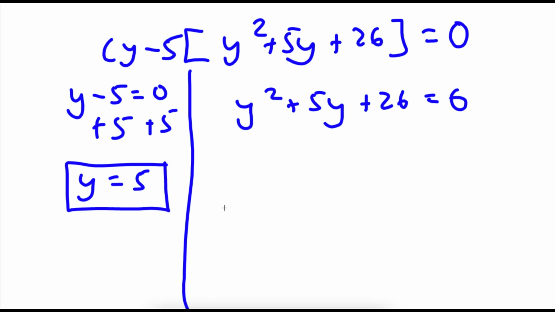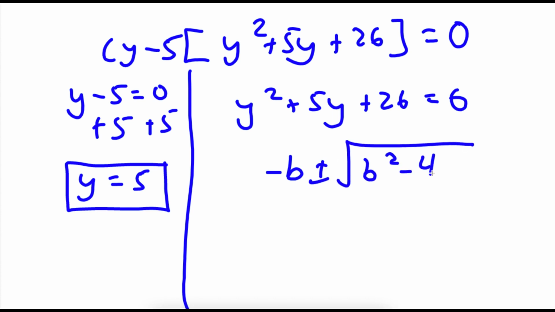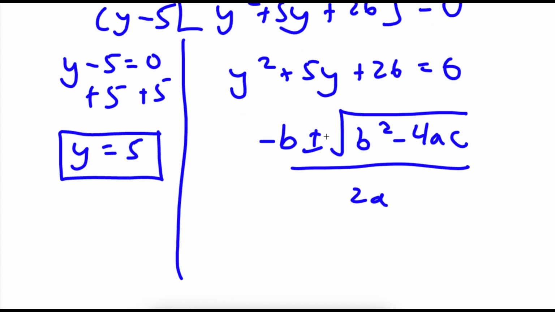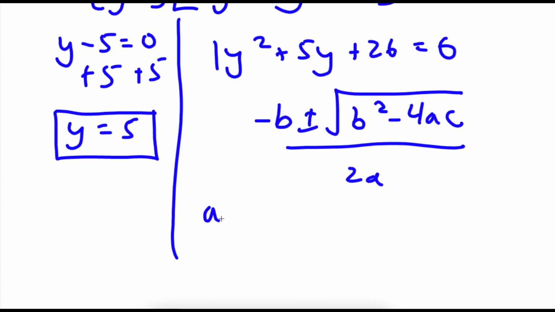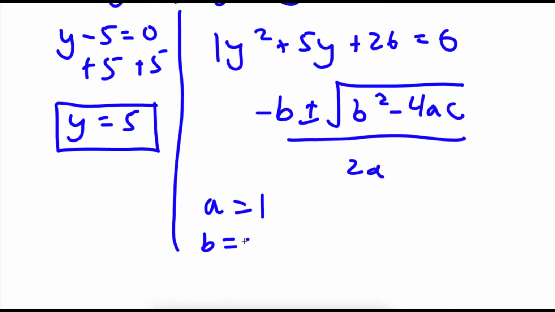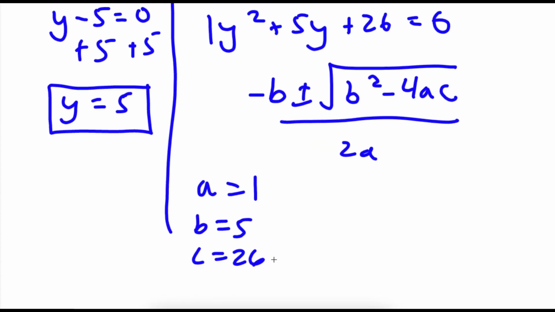Now for y squared plus 5y plus 26, however, we are going to have to use the quadratic formula, which is negative b plus or minus the square root of b squared minus 4ac all over 2a. So in this case, a is equal to 1, b is equal to 5, and c is equal to 26.